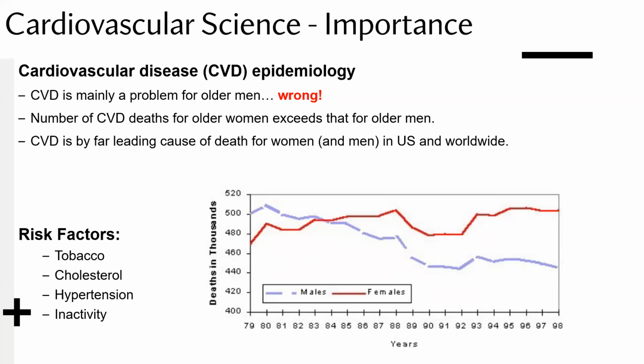And the risk factors, we'll get into this in a lot more detail, but are known to be smoking, tobacco, cholesterol levels, hypertension. A lot of it can also be genetic, and inactivity, which is sort of the leading cause in today's world in a lot of the countries that are dealing with cardiovascular disease.